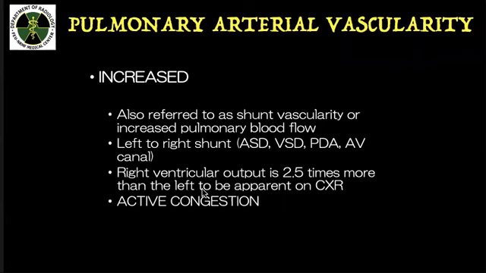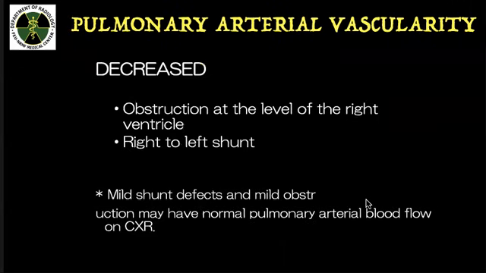So in your increased pulmonary arterial vascularity, there is active congestion. In your decreased pulmonary arterial vascularity, there is obstruction at the level of the right ventricle, and there is right to left shunt. Mild shunt defects and mild obstruction may have normal pulmonary arterial blood flow on chest X-ray.